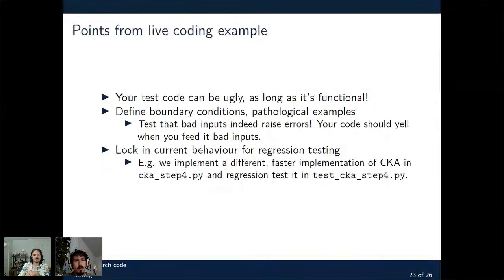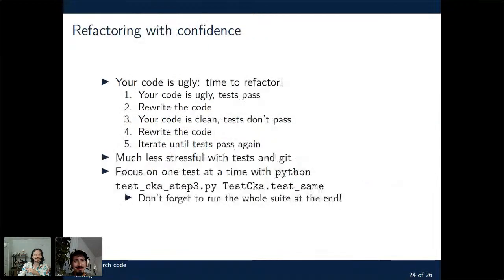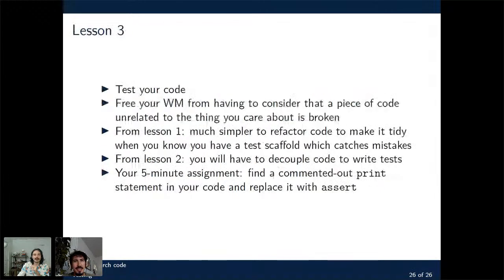Ideally, I'd be able to live code this, but it's never happened before, so I hope I never have to. What I want you to do for your 5-minute assignment for this lesson is to find a commented-out print statement in your code and replace it with an assert.